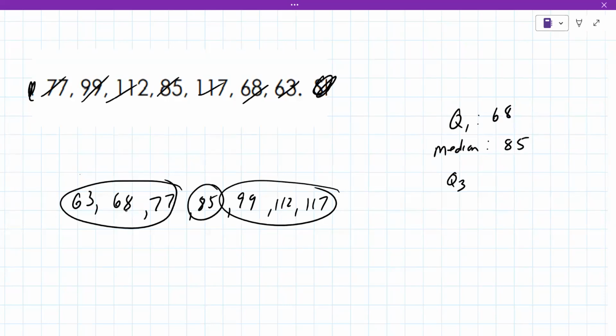This helps us with figuring out some of this other stuff. So the next thing is to determine the interquartile range. That's Q3 minus Q1. Can you calculate that for us, please? Okay. Get a calculator.